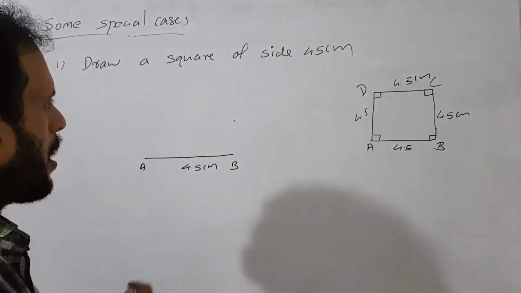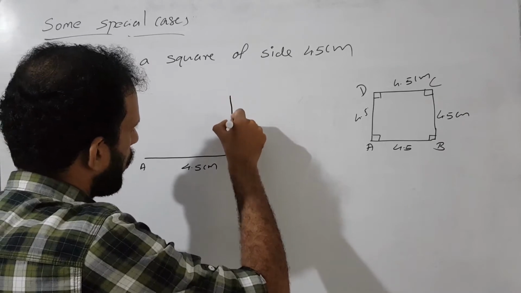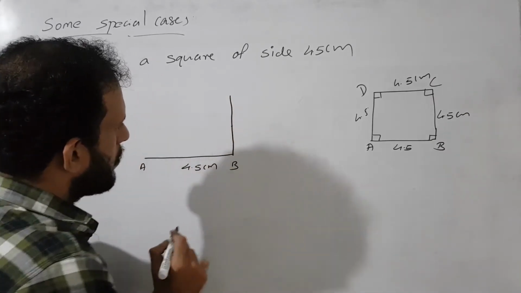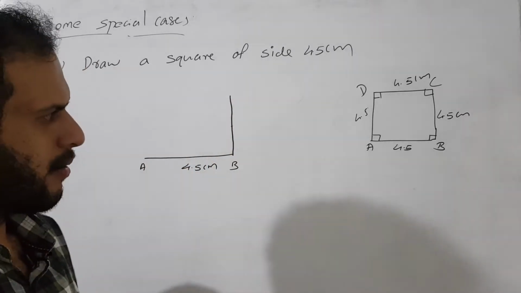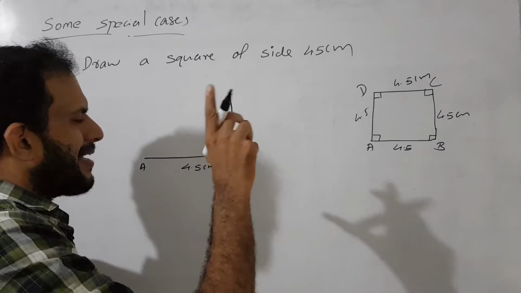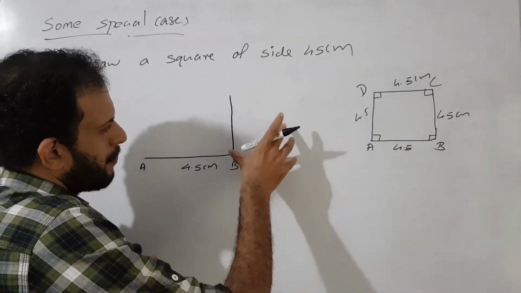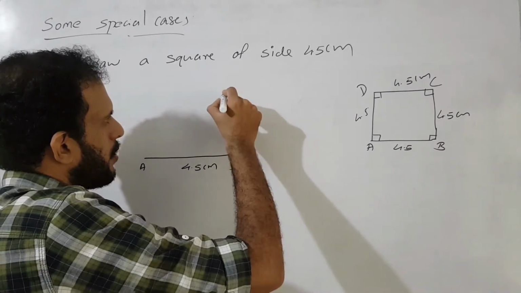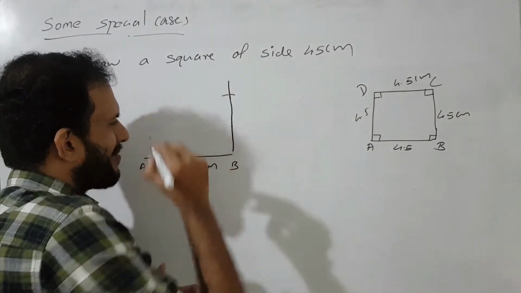We draw a line through that point. Then we take 4.5 centimeter on a compass, keep the compass on B and draw an arc. We don't cut the arc, we just extend the line.